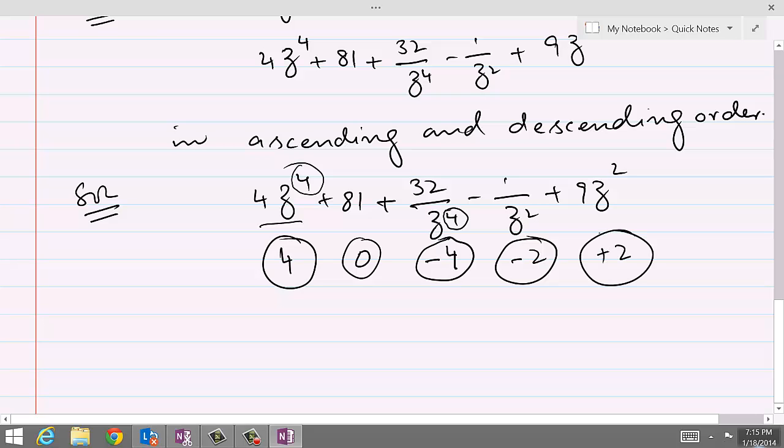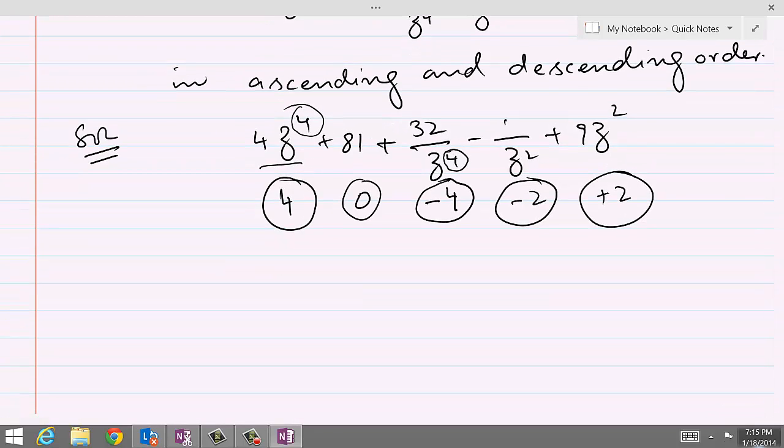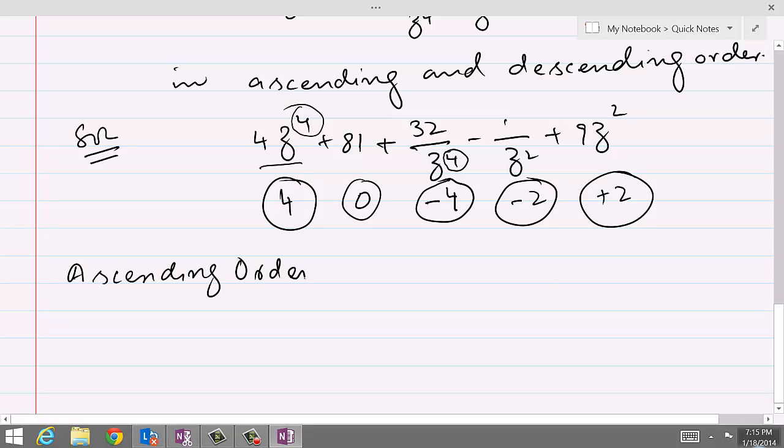And if we want to rearrange it from smallest to largest, of course minus 2, okay, ascending order, this would be equal to minus 4 will come first. So we are going to write the term which has degree minus 4, that is 32 over z power 4, and then minus 1 over z square.